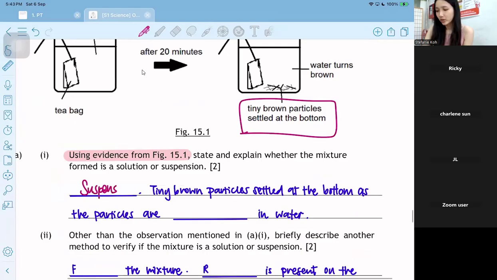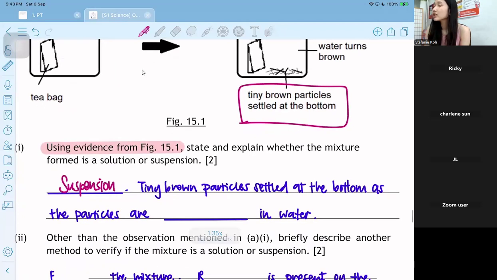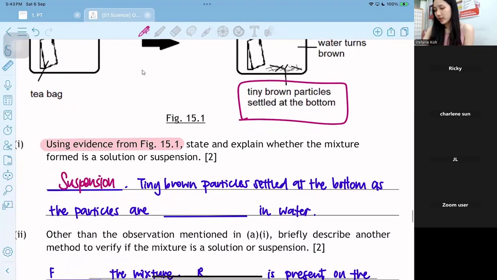It's like sand and water, essentially. And they settle to the bottom because they don't dissolve. They cannot dissolve. That's why they just hang around and then slowly, due to gravity, they're found at the bottom. Insoluble in water.